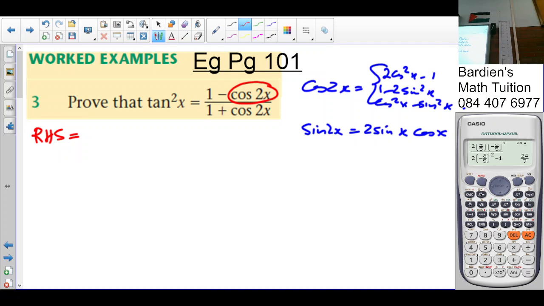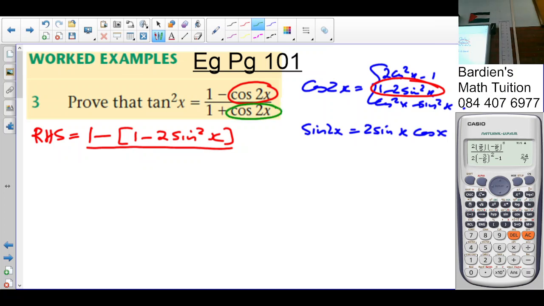Cos 2x can be written as 1 minus 2 sine squared x. Why? The 1's can cancel. So it's 1 minus, we're going with this one here, 1 minus 2 sine squared x over, which one are we going to choose in the denominator? 2 cos squared x minus 1.